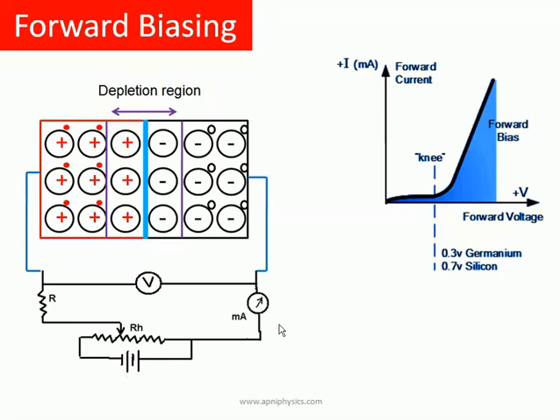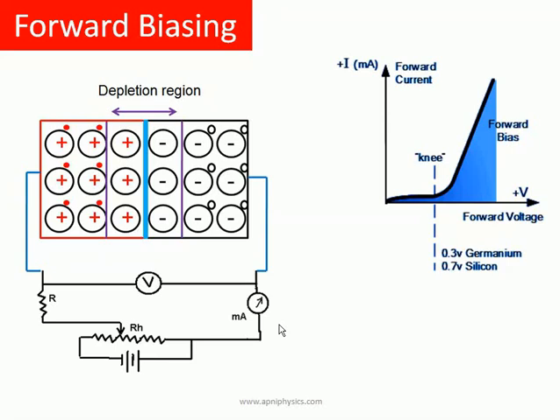This is known simply as forward biasing, and if we reverse it, that will be reverse biasing. It means if you connect n to the positive terminal of the battery and the p-type semiconductor to the negative terminal of the battery, then we say this is reverse biasing.